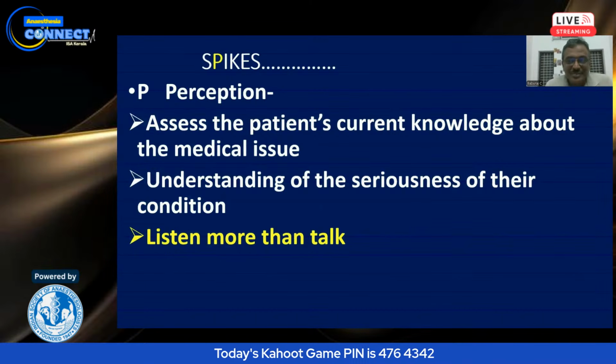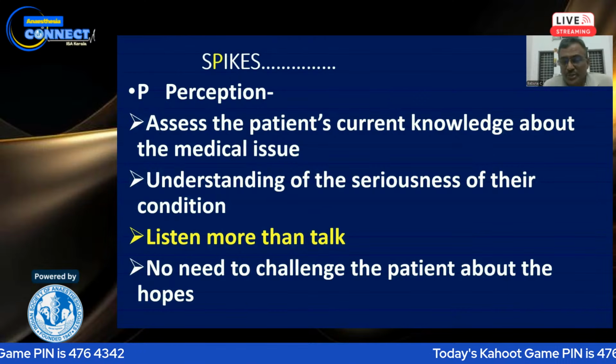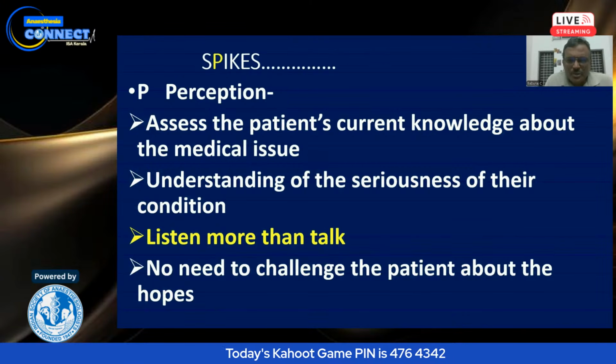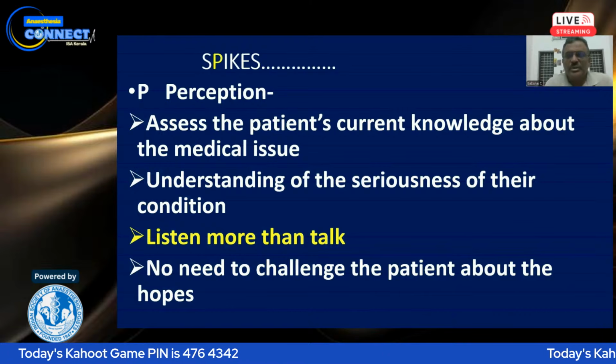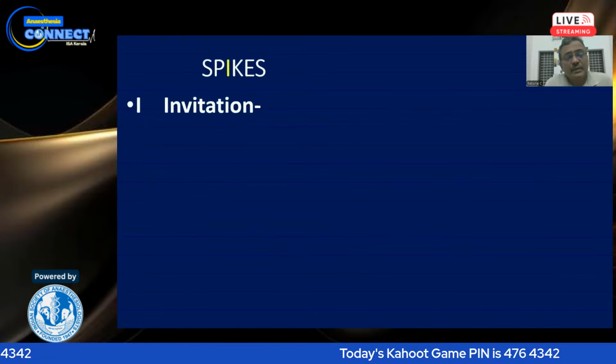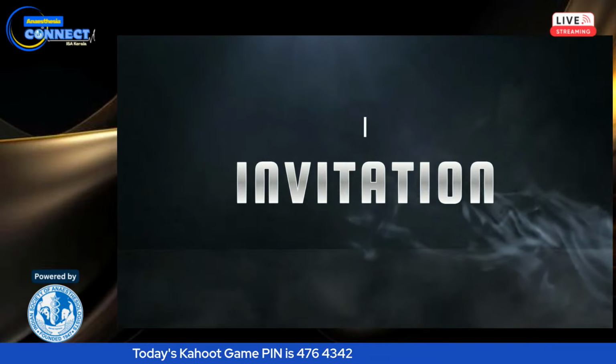And in this step, you listen more than you talk. And there is no need to challenge the patient about the hopes. The patient is trying to repeatedly talk about hopes. Never challenge the hopes.